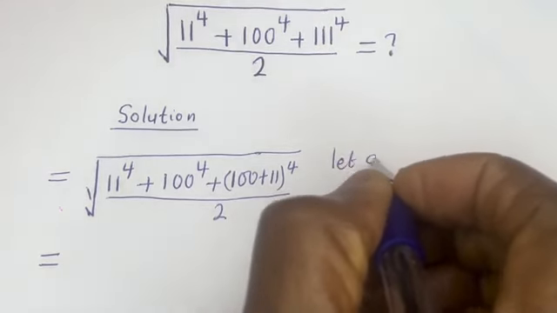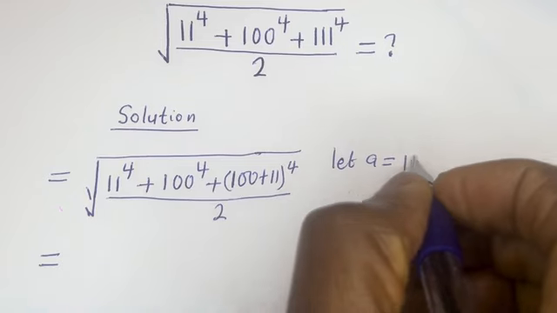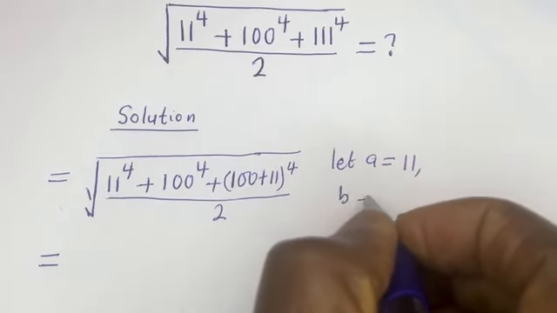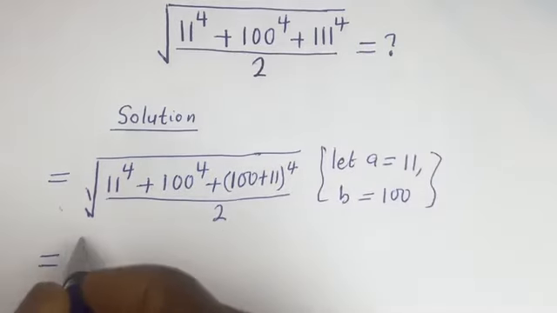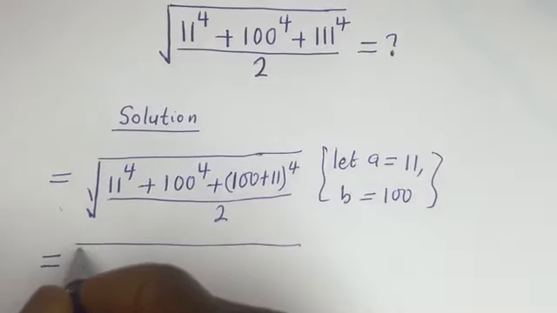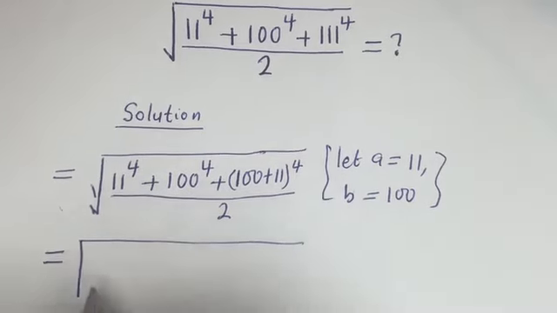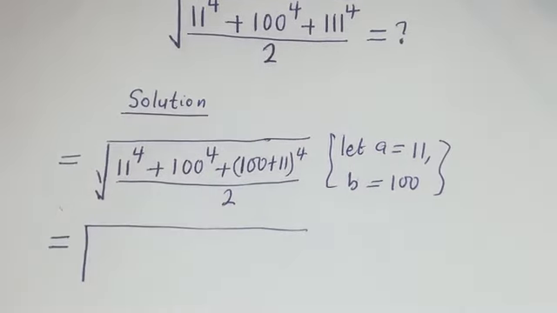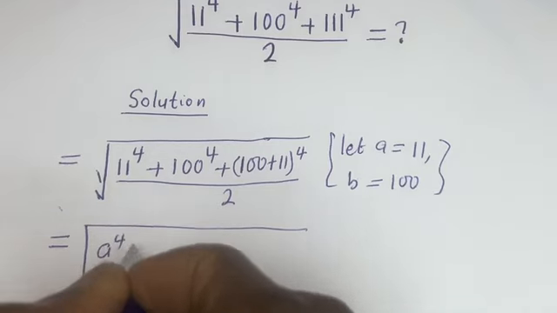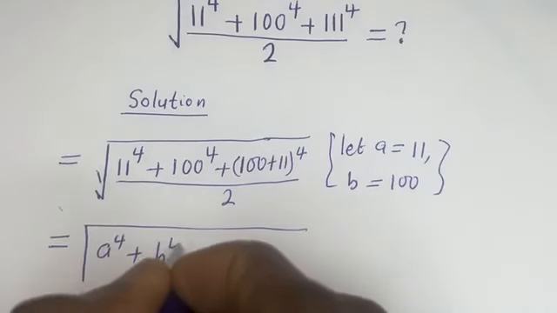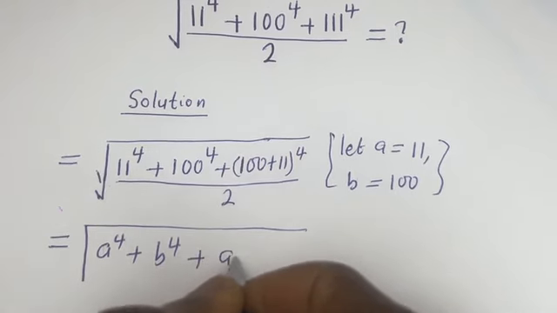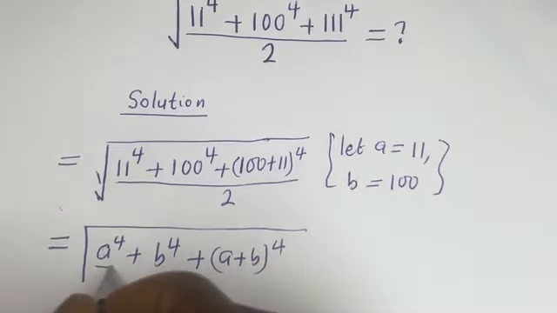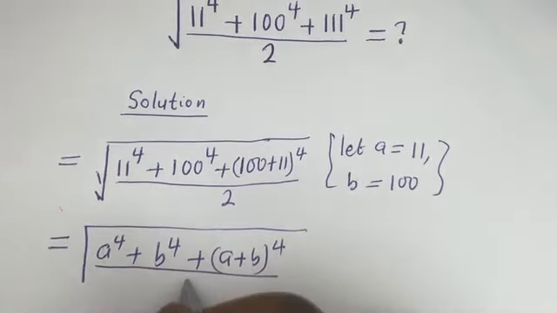let A be equal to 11 and B be equal to 100. Then we have the square root of A to the power of 4 plus B to the power of 4 plus A plus B all to the power of 4, then divided by 2.